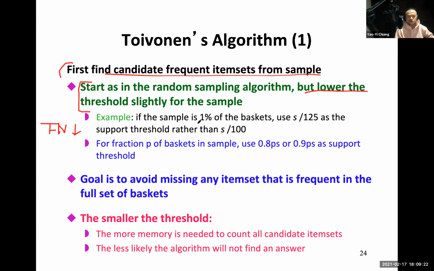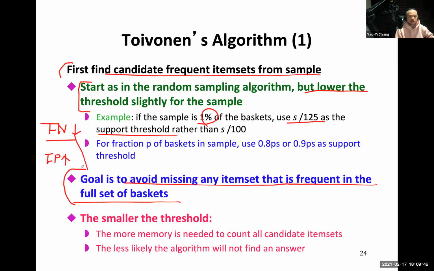For example, if the sample is 1%, we use this number as the support threshold so that you have fewer false negatives. However, in this case, you will also have higher false positives. But our goal here is to avoid missing any item sets that are frequent in the entire basket. So we want to avoid this.